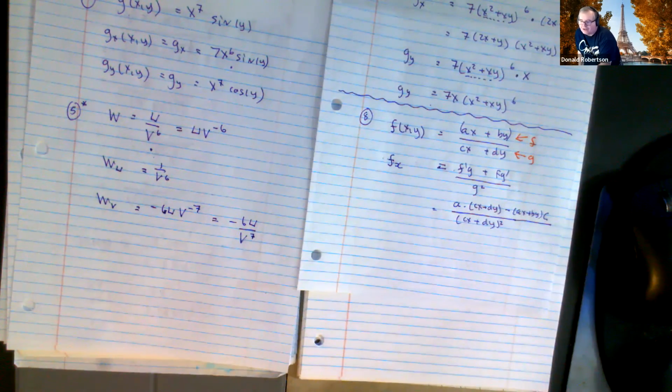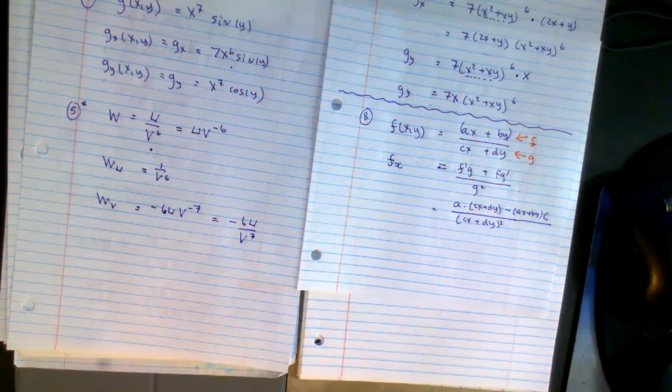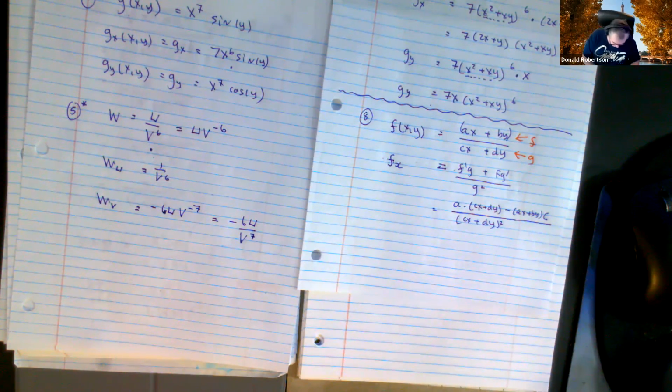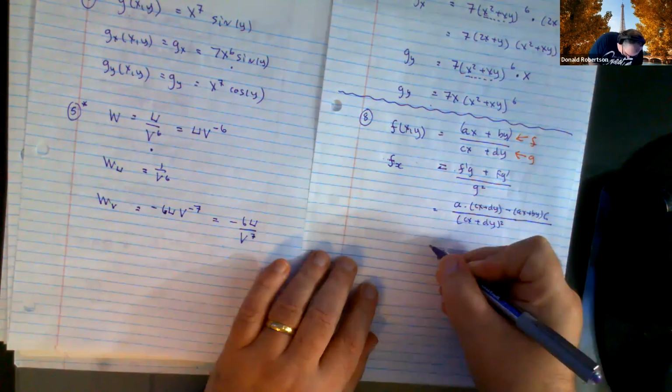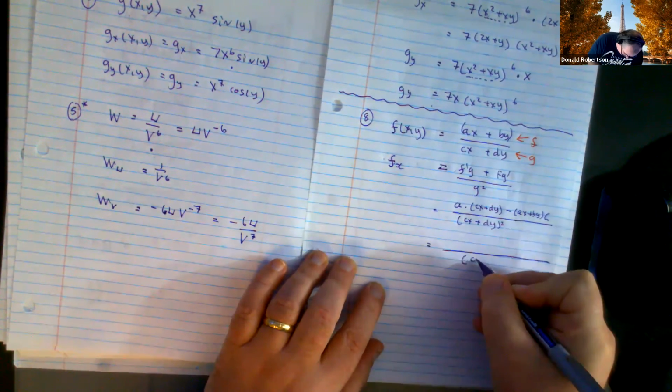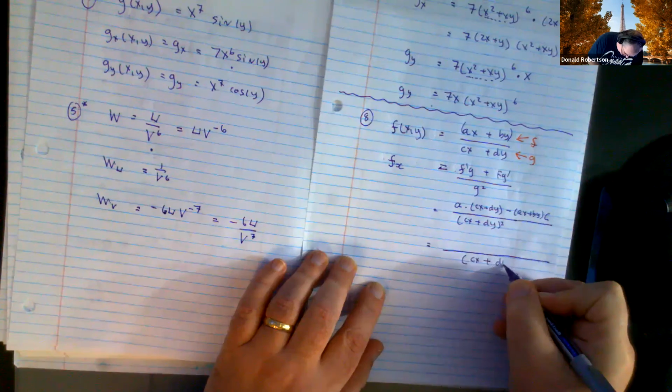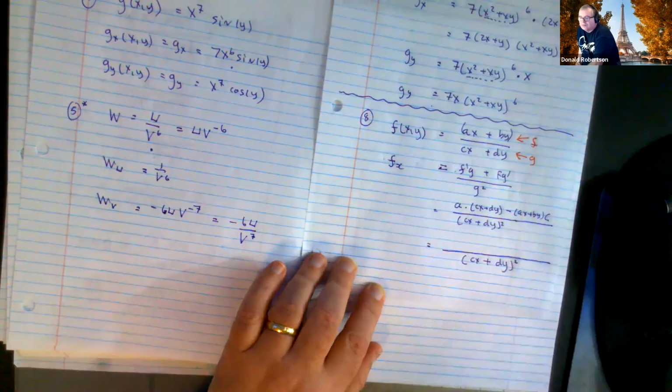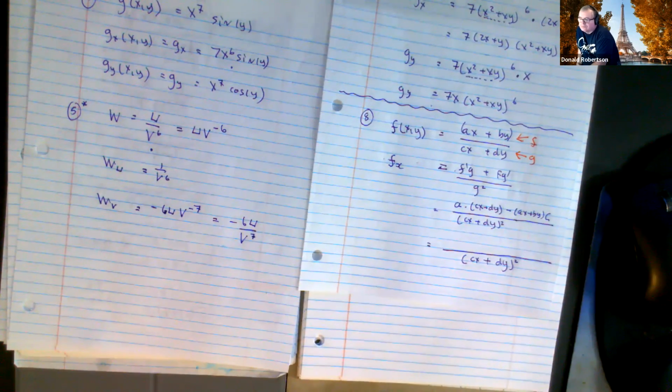Do you think I am going to leave this as the final answer, or do you think we have some style points to do? Style points? Okay, what do you think? You're right. What should I do to the numerator, the top?